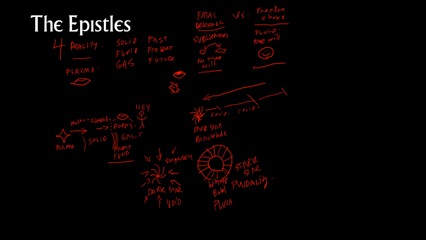Anywho, so what's happening is it becomes a dark star, and then everything is being pulled backwards into it, perhaps, or it's like ripples. You can look at it almost like ripples in a pond. In our reality, it's kind of like you have a constantly freezing lake. So you have a lake, and this is ice, and so hence the name Epistles, right? And you have a very thin edge of this constantly increasing lake or sphere of ice, whatever.